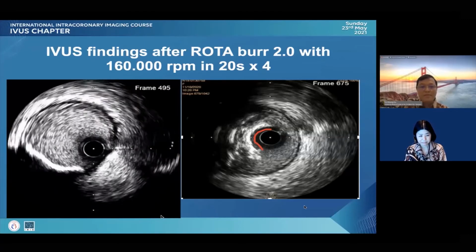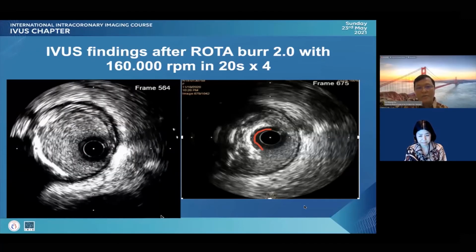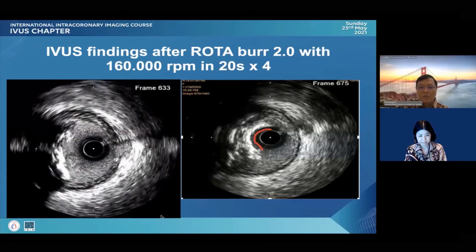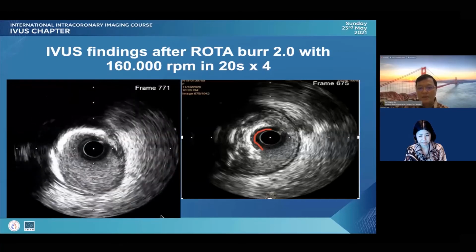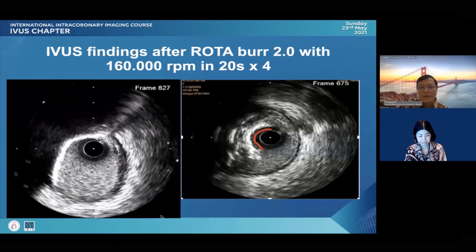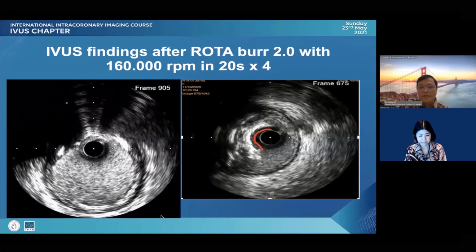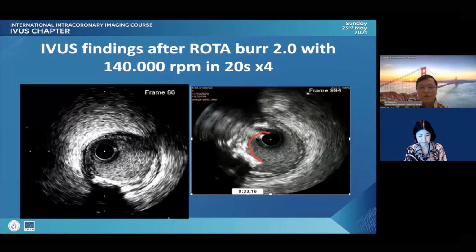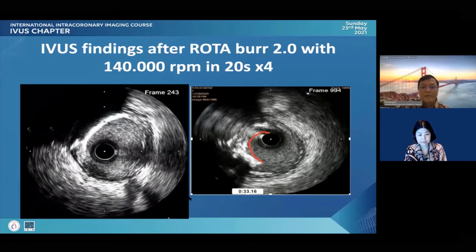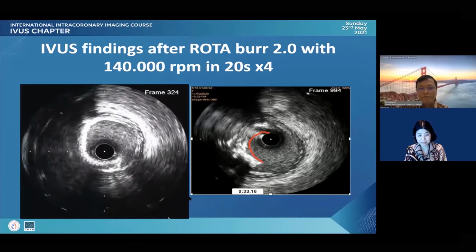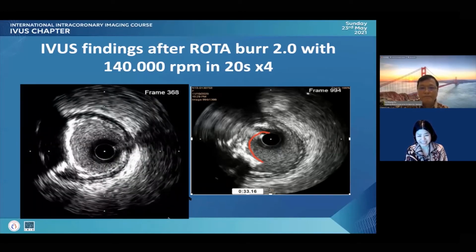So after the first run with speed 160,000, we think the lumen area of the RCA is good, but I want to make a bigger lumen for the RCA at the calcified nodule. We reduced the speed a little bit from 160,000 to 140,000, and after that we checked the IVUS again. Yeah. This is really impressive, meaning that you see that much calcium has gone.